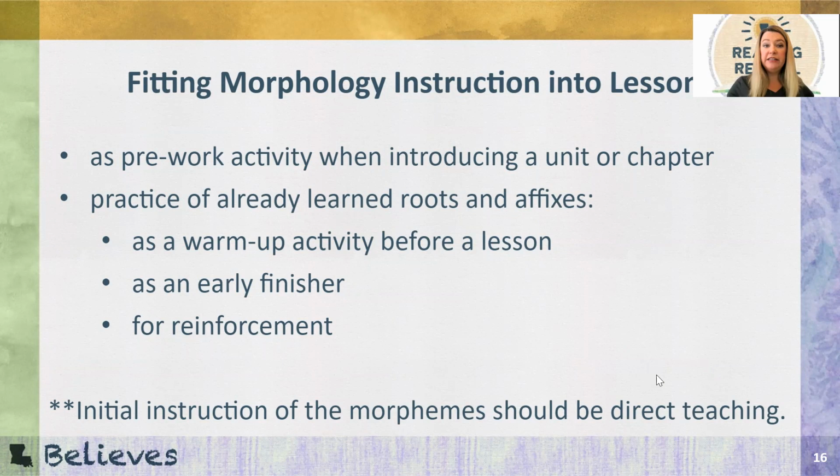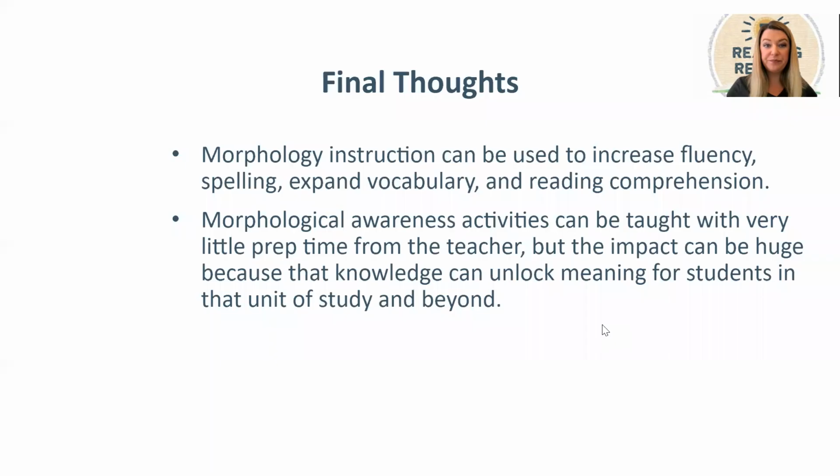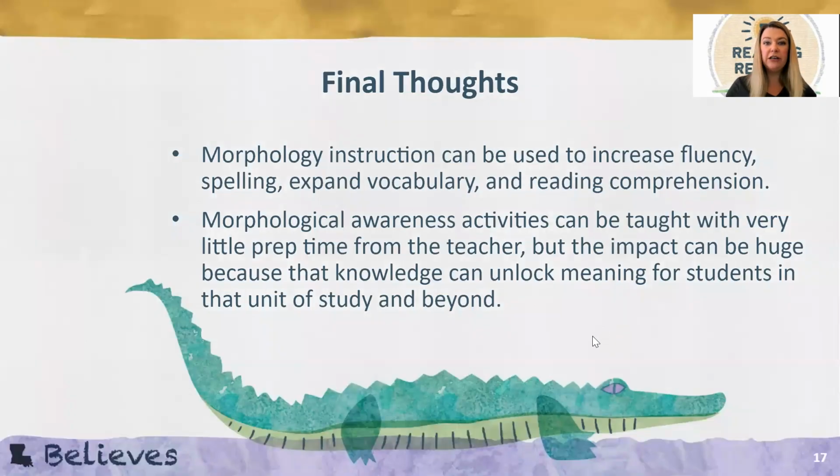If you've already done direct and explicit instruction on how to do word matrices, you can give the students many matrices after that once they know how to assemble and make new meanings. And it can be an early finisher, it can be reinforcement. Just make sure that initial instruction happens so they can see how to do that. So just some final thoughts.